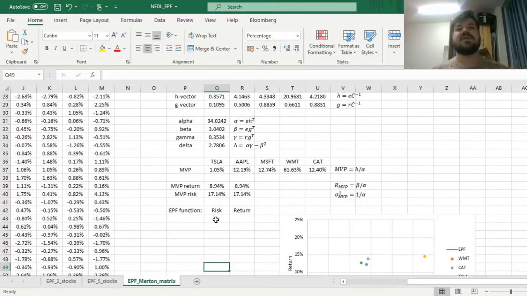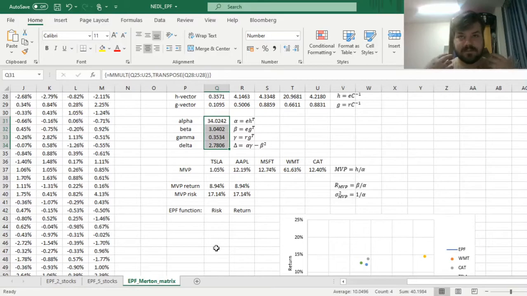But what about the efficient portfolio frontier? What about generating the curve? Well, the curve is being uniquely defined by these 4 portfolio constants. So they allow you to get a functional relationship between expected return of a portfolio and its risk, its standard deviation.